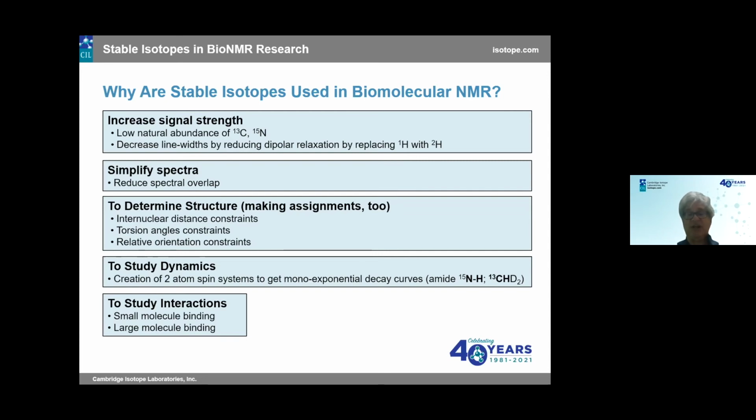This is usually done through a procedure called chemical shift perturbation experiments, where one looks at the change of cross peaks as one titrates in a ligand. And one can get the position of the binding as well as the strength and the lifetime of the binding in these types of experiments.